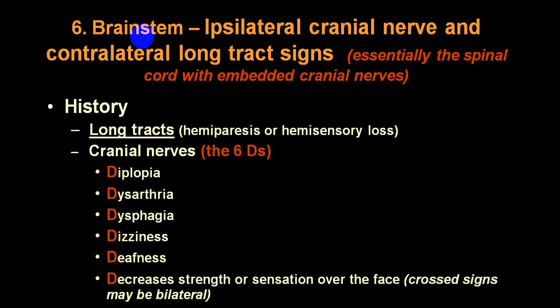The cranial nerve palsy can produce diplopia, dysarthria, dysphagia, dizziness, deafness, etc., depending upon which cranial nerve is involved. So this is called crossed hemiplegia or contralateral hemiplegia. Hence, this is a characteristic finding in brainstem damage.